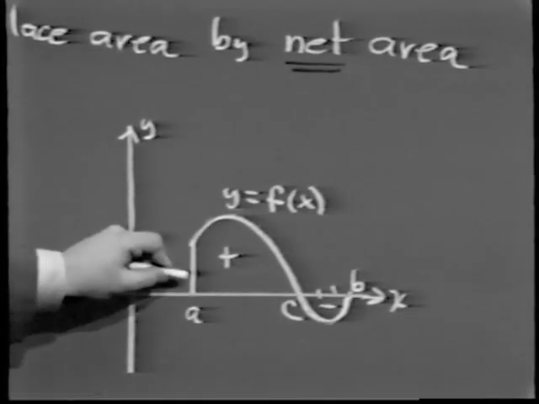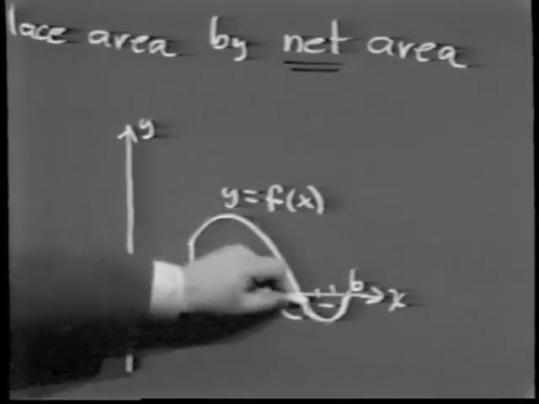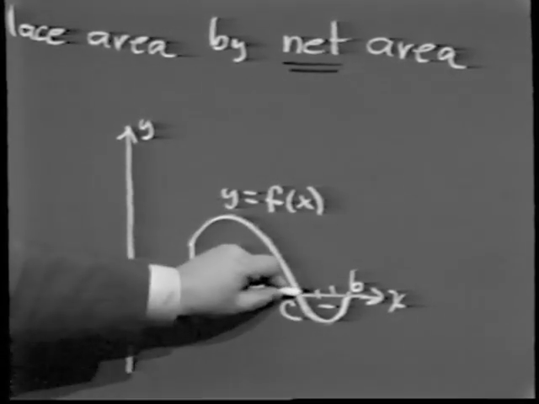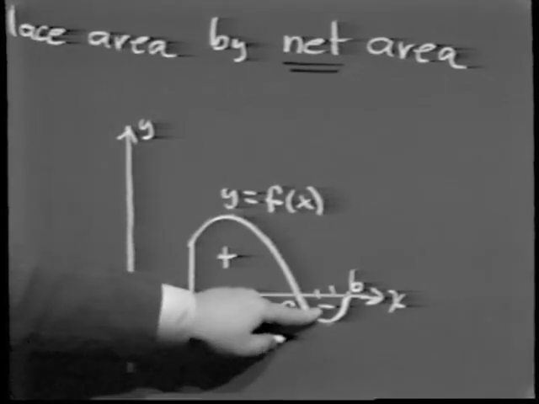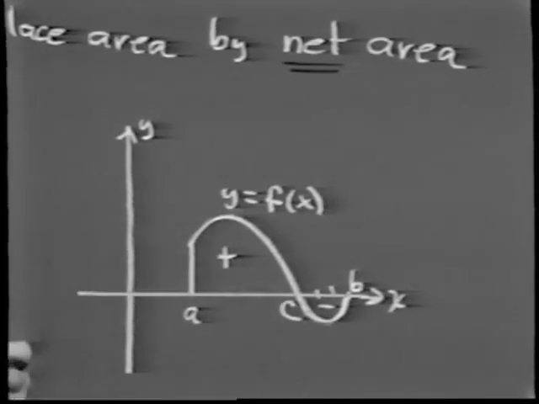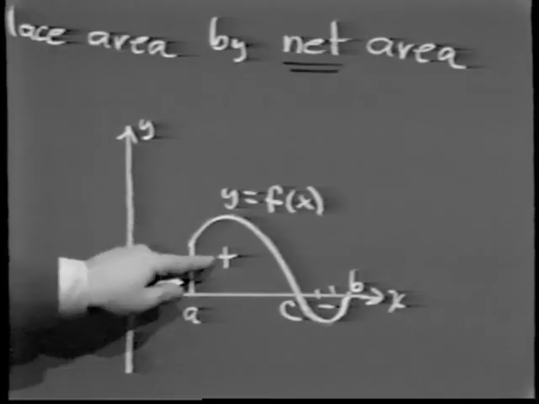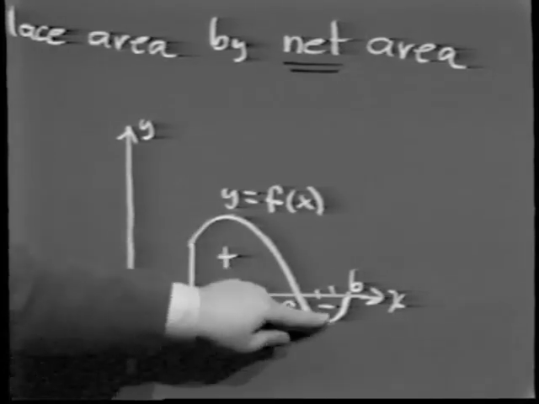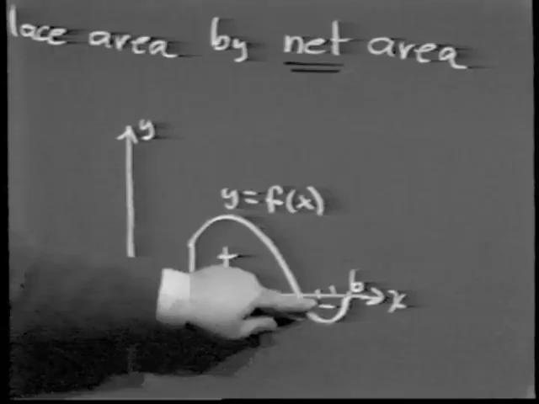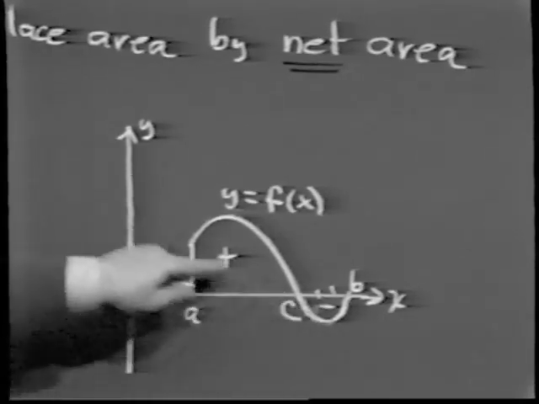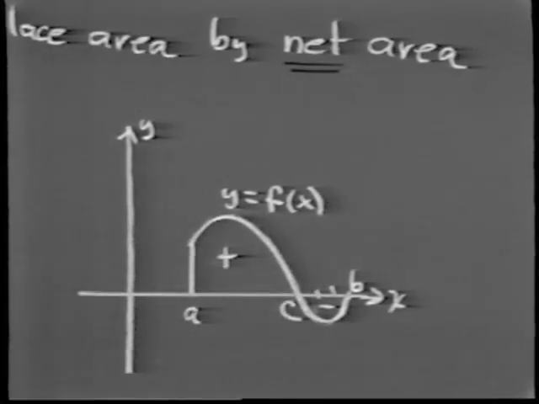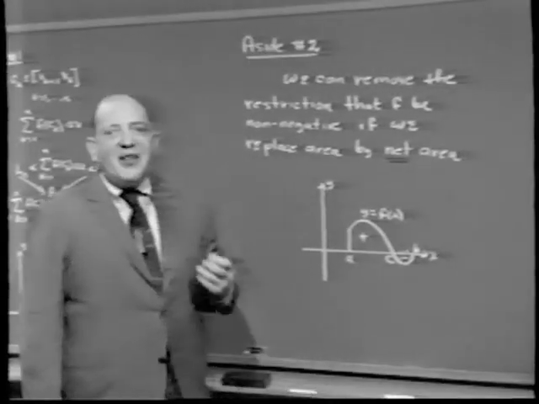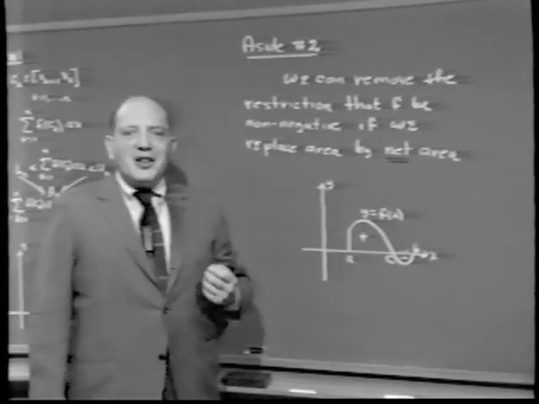In other words, algebraically, if I form my summation, this portion in here will give me a positive result, this portion in here will give me a negative result. Consequently, working algebraically, what I will find is not the true area, but the positive minus this amount here. In other words, what I'll find is the net area. And again, this will all be worked out in the notes.